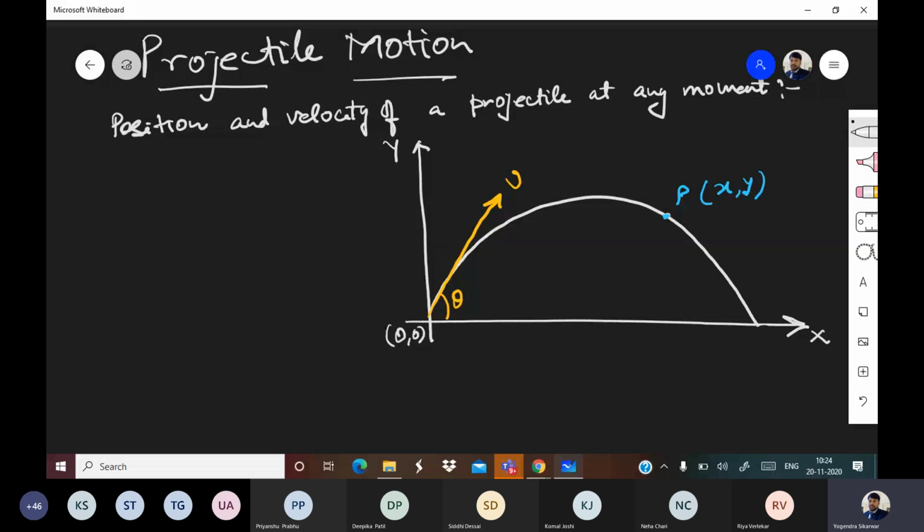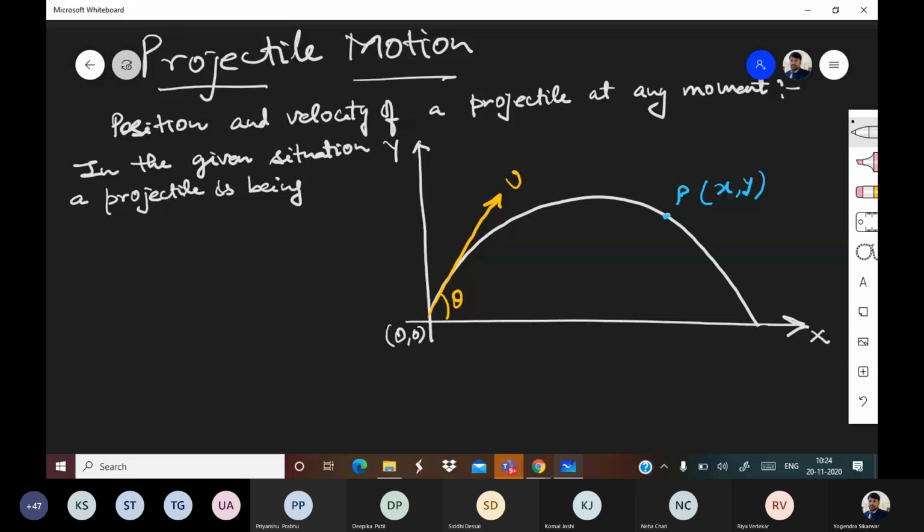In the given situation, a projectile is being projected from point O. We are calling it O because we treat it as origin 0, 0. Okay.